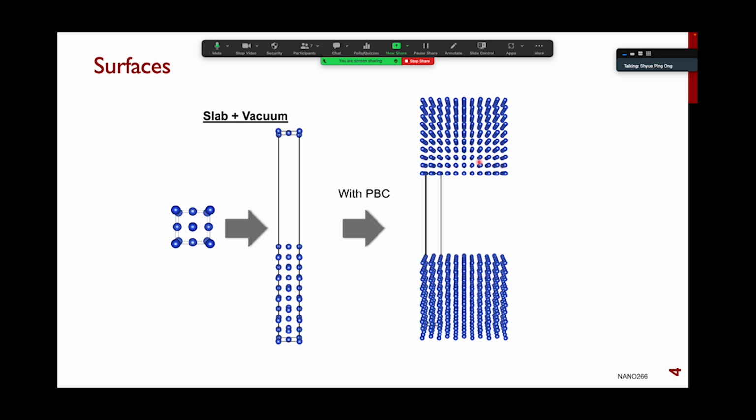Now, one thing you need to keep in mind is that whenever you create such a slab plus vacuum system, you are essentially creating two surfaces per unit cell, right? You're not creating just a single surface. You always create two surfaces with a slab plus vacuum structure, okay?